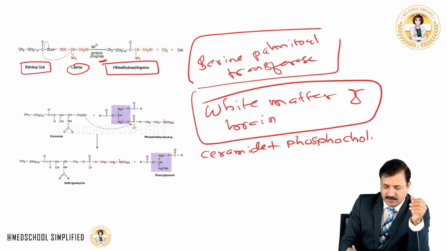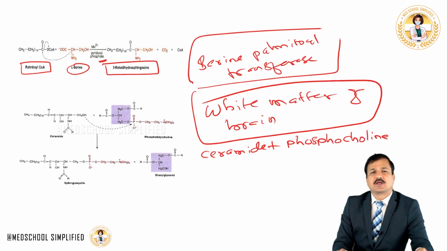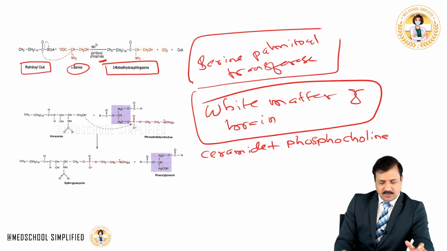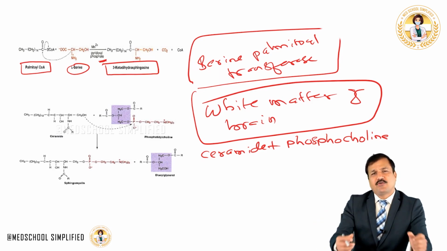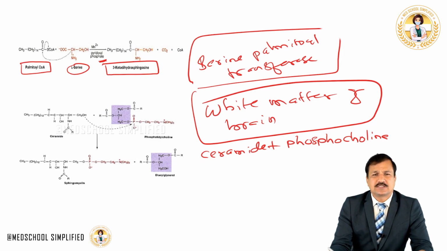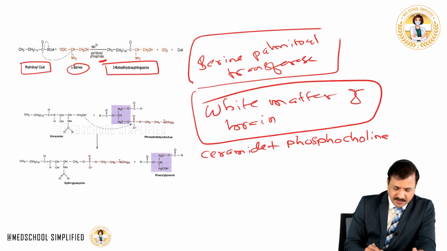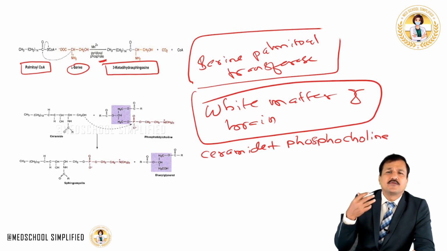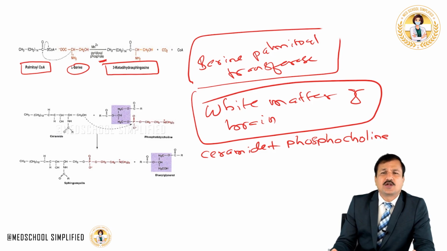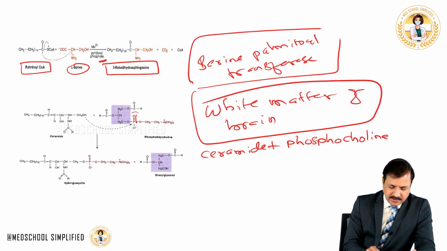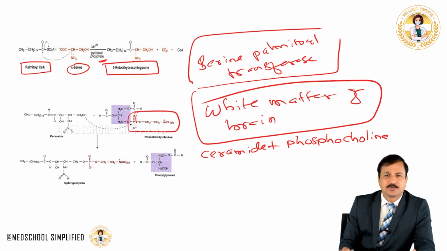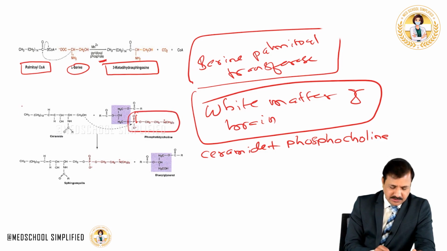That means choline with a phosphate attached. Now the ceramide attached with phosphocholine is synthesized by the sphingomyelin synthase enzyme, where a phospholipid called phosphatidylcholine donates its phosphocholine moiety to the ceramide.